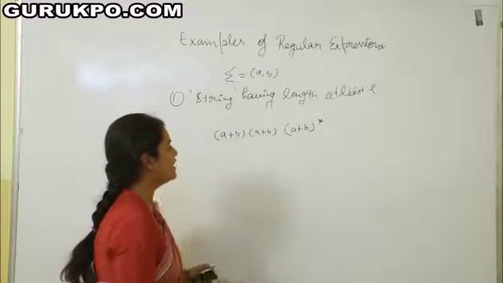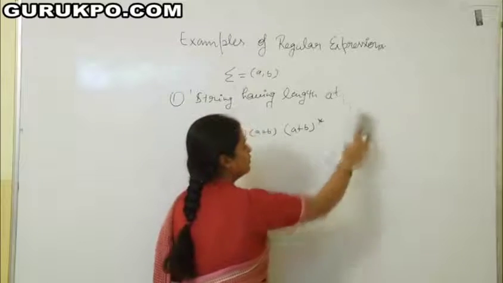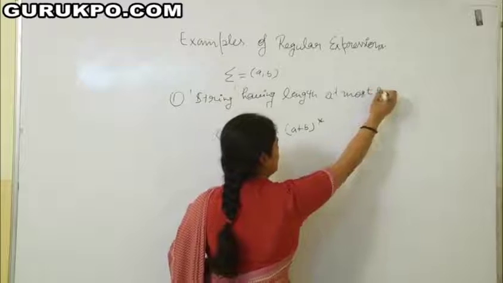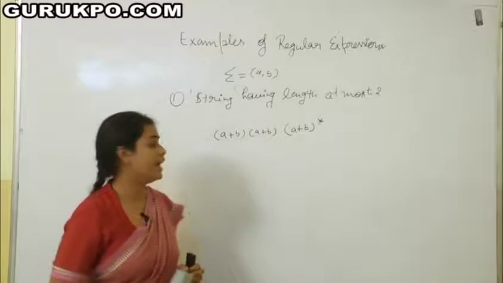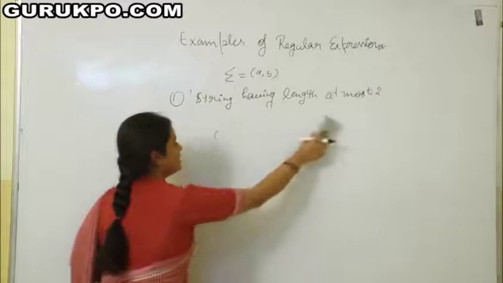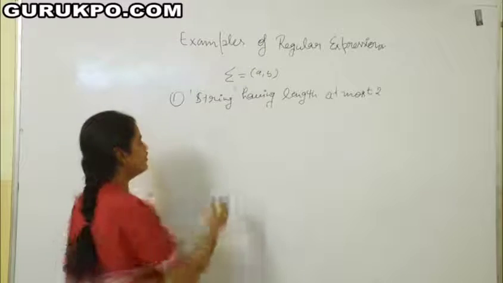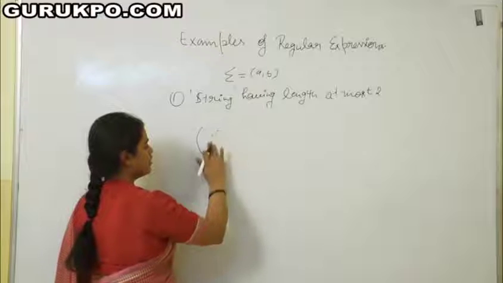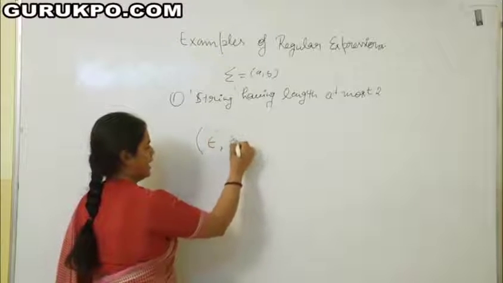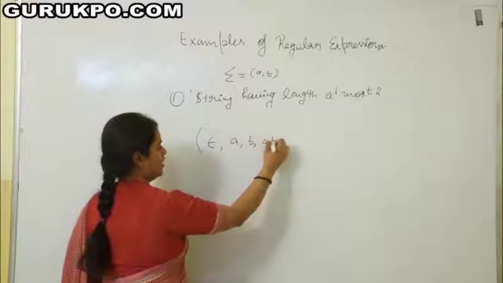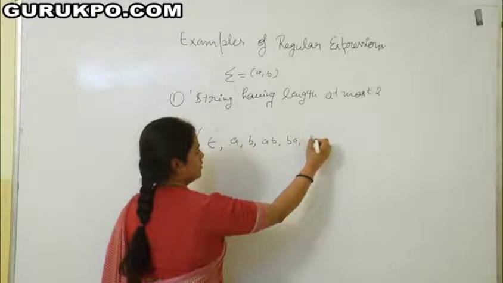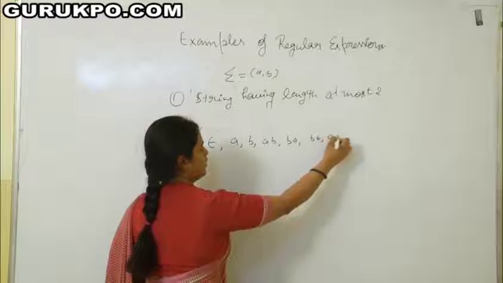Now we want the length at most 2. At most 2 means it is a finite statement. It will include null, a, b, ab, ba, bb, aa.